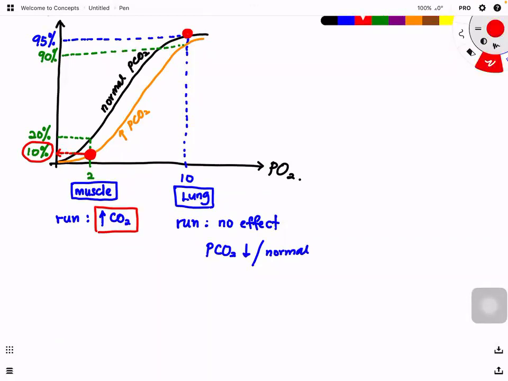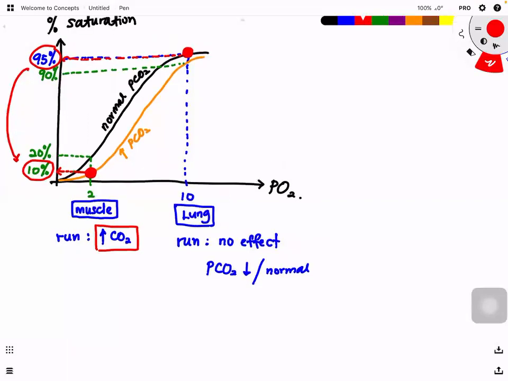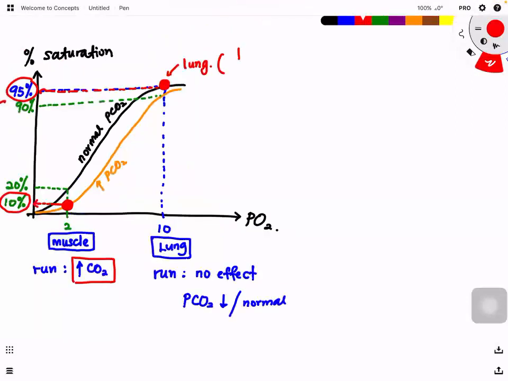So we read it here, which means it still remains at 95%. So from 95 to 10%, it actually decreases more, releases more. It's not 90 to 10, but 95 to 10. Always remember this one: we read it for the lung, because the lung always has high partial pressure of O2 and low partial pressure of CO2. Are you clear?